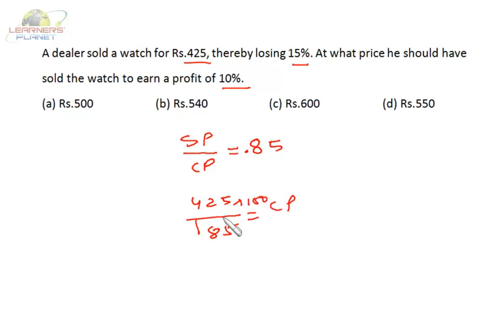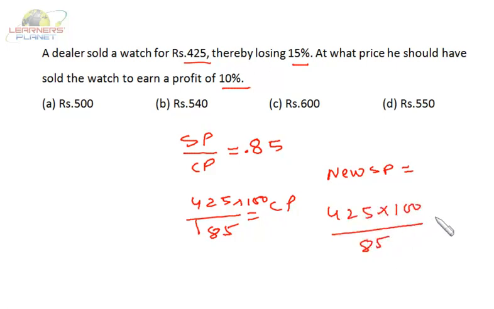Okay, now we are having cost price with us. Now we have to find the selling price which gives the profit of 10%. So the new selling price is equal to cost price into 1.1, that is 10% of profit. So it's 425 into 100 by 85 into 1.1, or we can say 11 by 10.